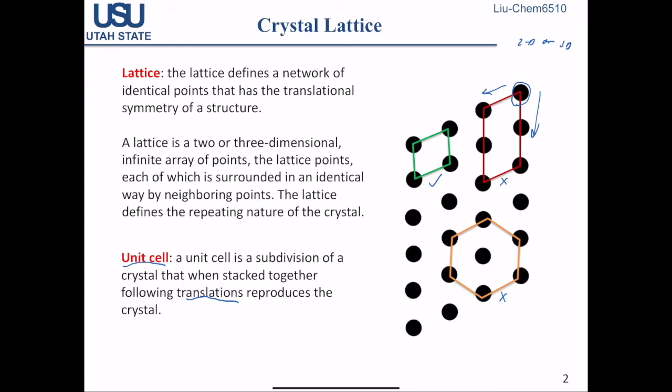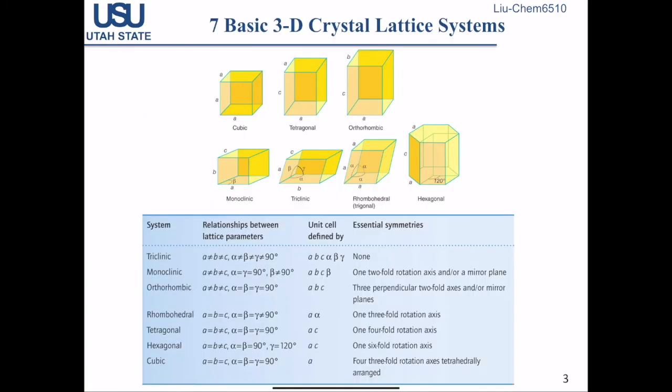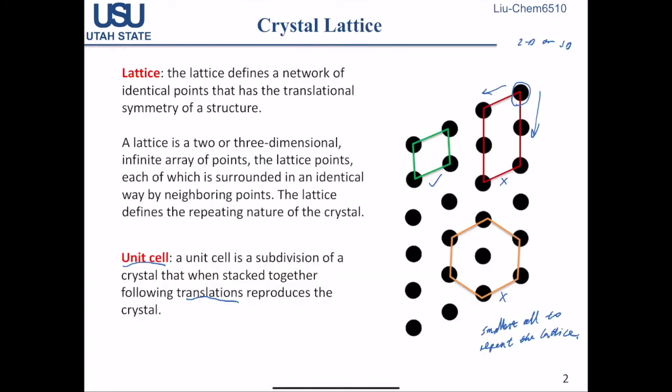The reason is that for a unit cell we want to choose the smallest cell to repeat the lattice. That's a unit cell.